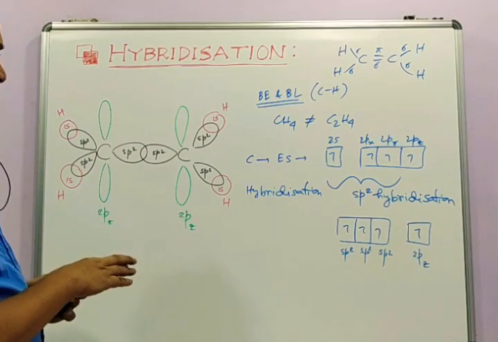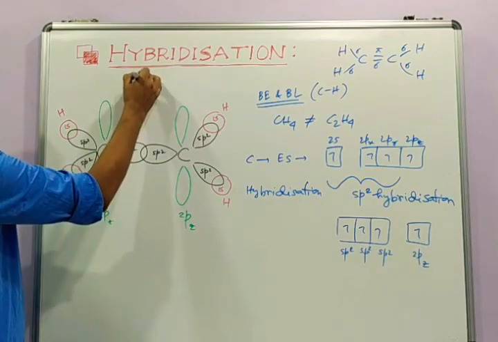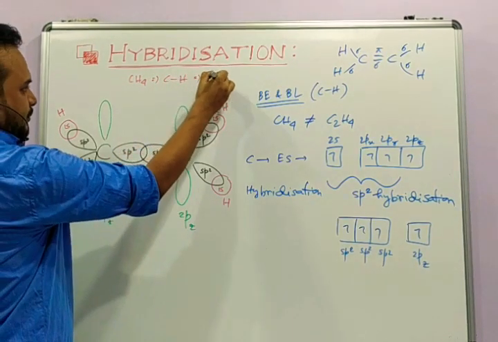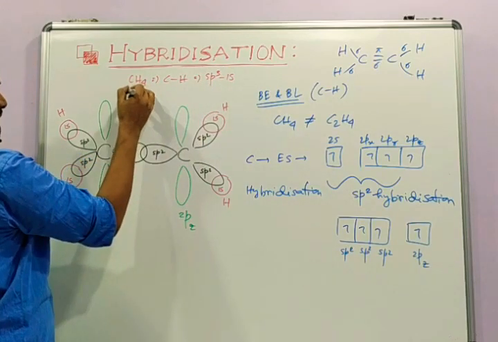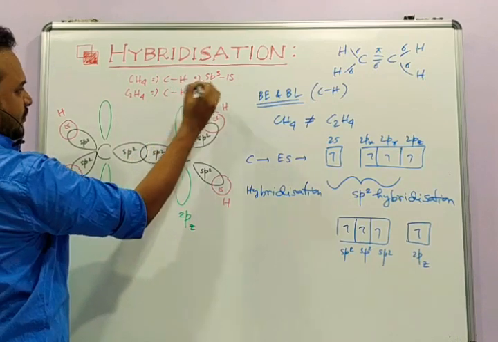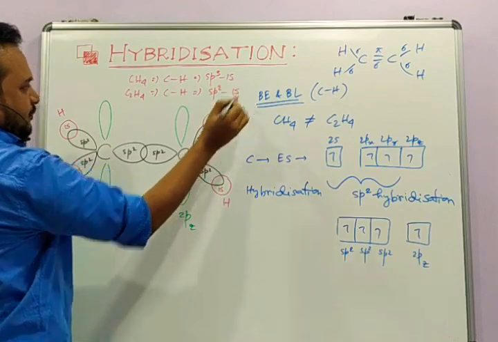If you remember, for methane, the carbon-hydrogen bond was due to overlap between sp3 and 1s, whereas in ethylene the CH bond is formed due to overlap between an sp2 hybrid orbital and a 1s orbital.